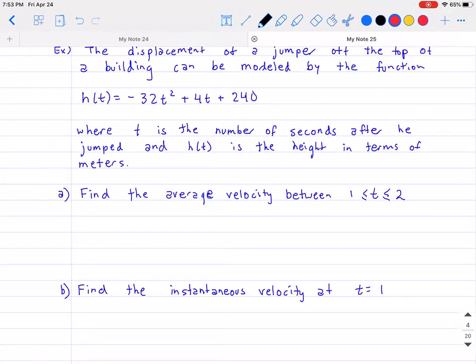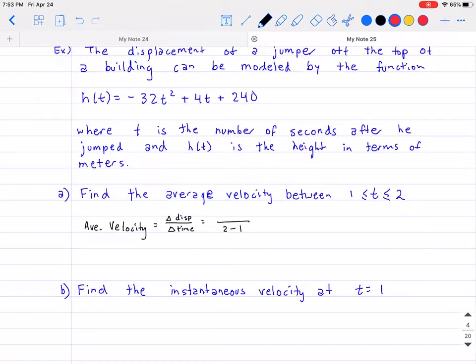Now, thinking back to the physics days, if you're trying to find velocity, then that is going to be a rate of change of the displacement over time. So here, let me just write it out. The average velocity, what I'm trying to solve for, is supposed to be the change in the displacement divided by the change in time.